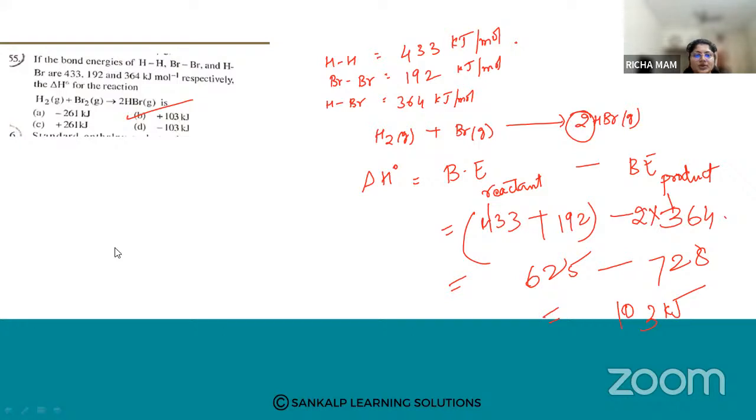Got it? So option number B is the answer.